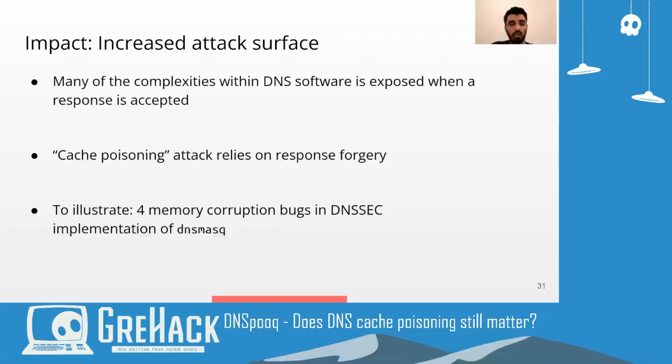And once it gets its response accepted, it can use the memory corruption bugs to possibly take over the device. So this is another issue that we think is very relevant to these types of attacks.